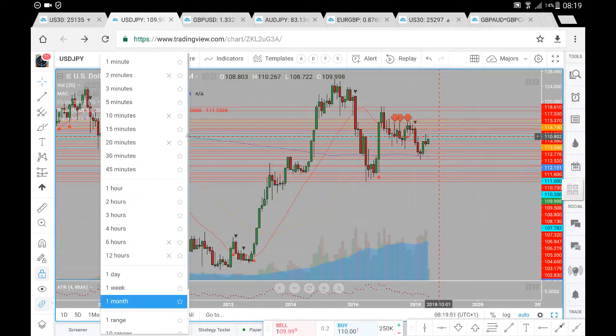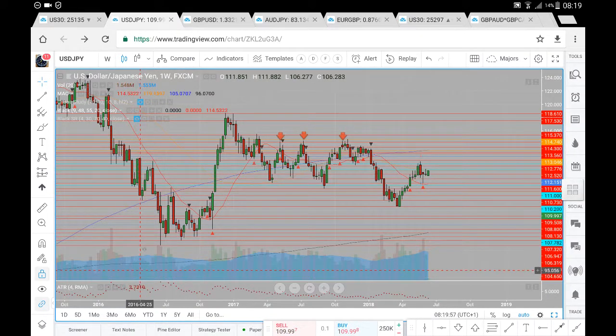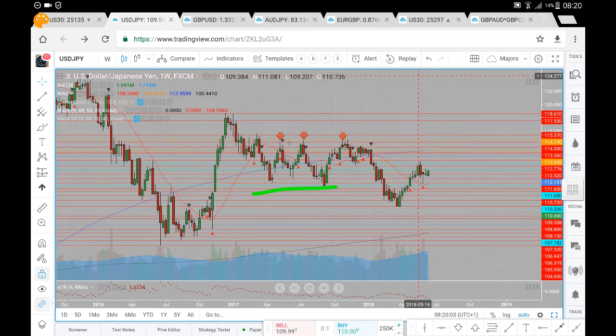What we'll do now is have a brief look here at the weekly chart. On this weekly chart, we've had this consolidation, had a breakdown through the consolidation. We've had a pretty sharp recovery here from a weekly chart perspective on the US dollar against the Japanese yen.